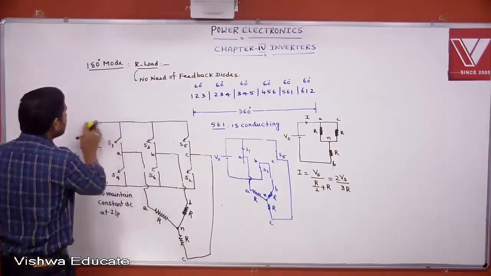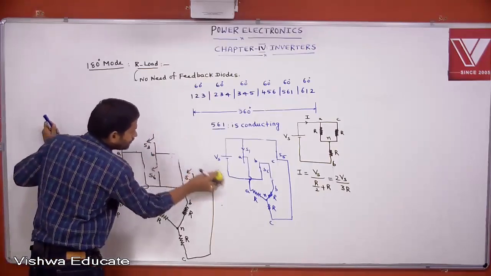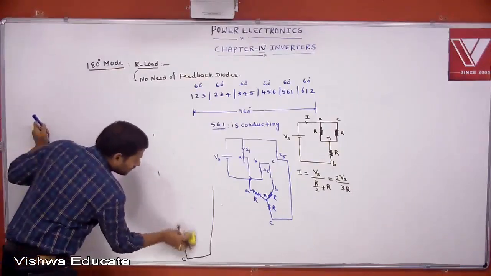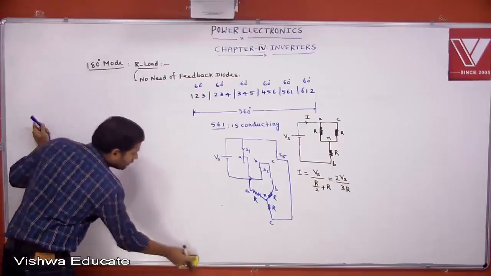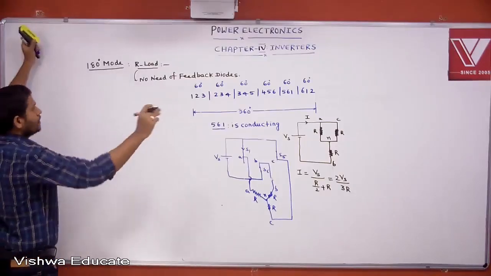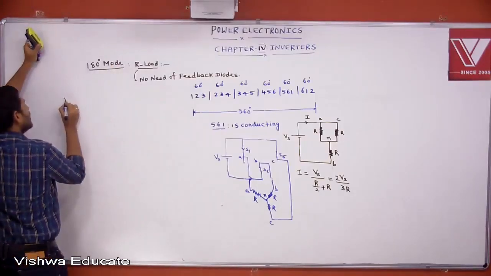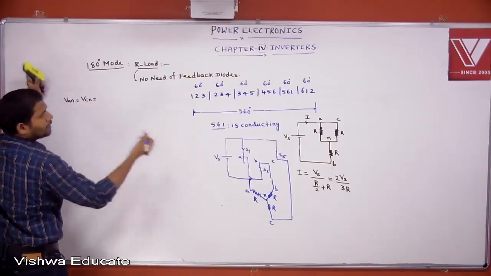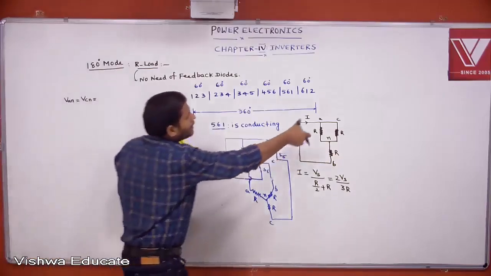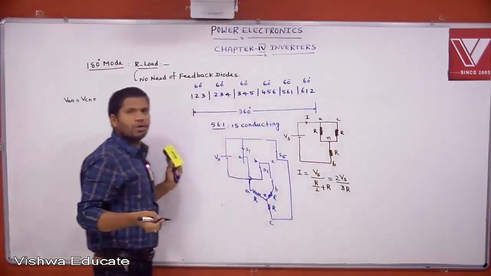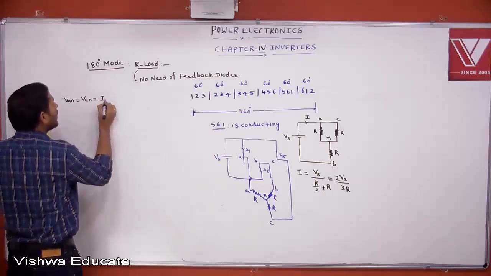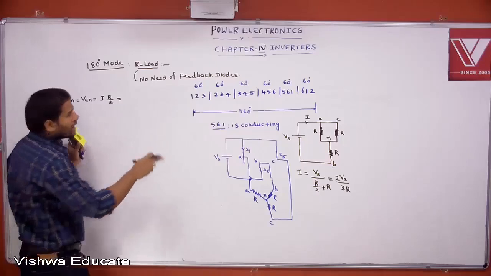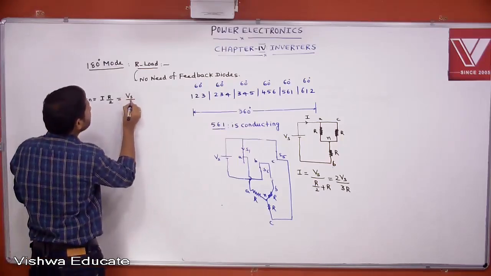Can you define like this? VAN equal to VCN, both are parallel. VAN equal to, this is neutral point, VCN equal to I into R by 2. What is I? You know, that is 2 Vs by 3R. Substitute that. What can you get? Vs by 3.